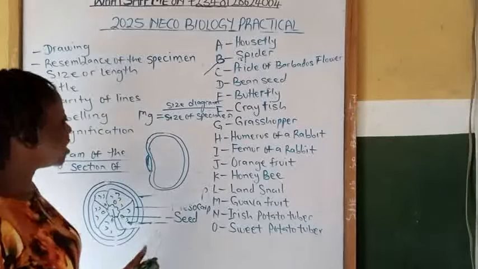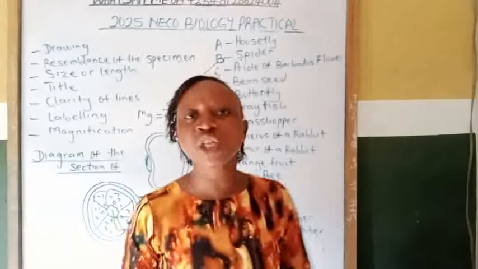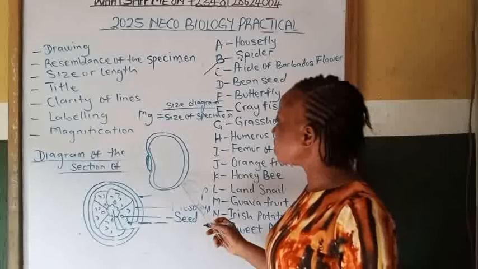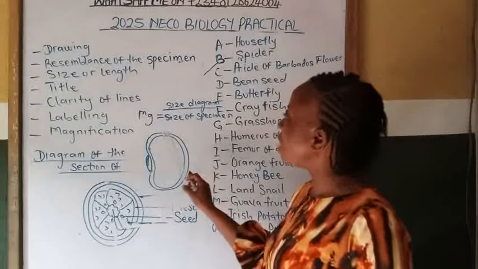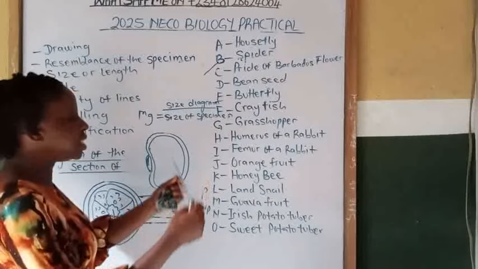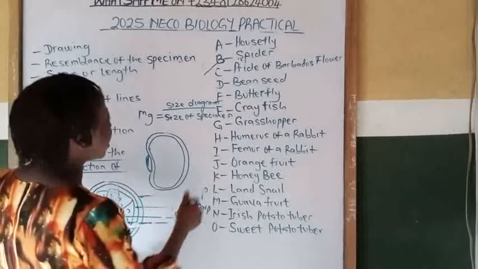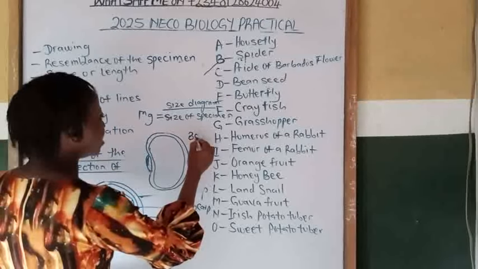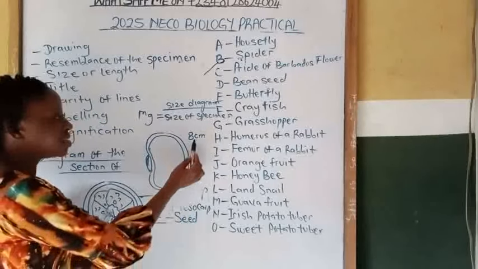So this is a bean seed. Now I want to calculate the magnification of my diagram, which is a bean seed. So you are going to measure the size of the diagram. Let's assume that the length of my diagram is 8 centimeters.